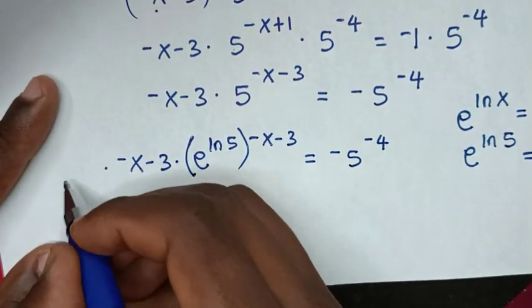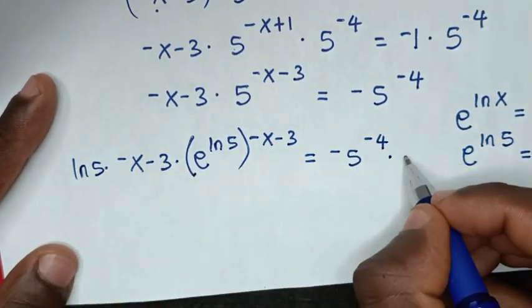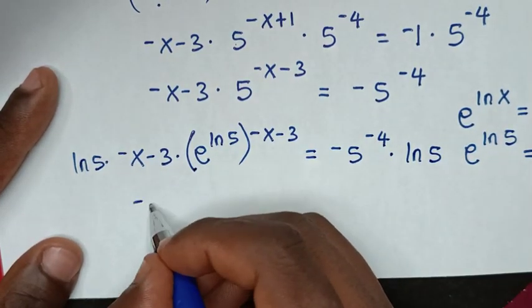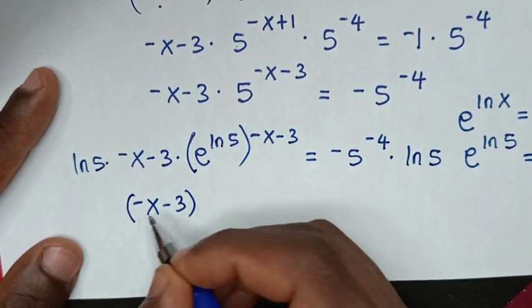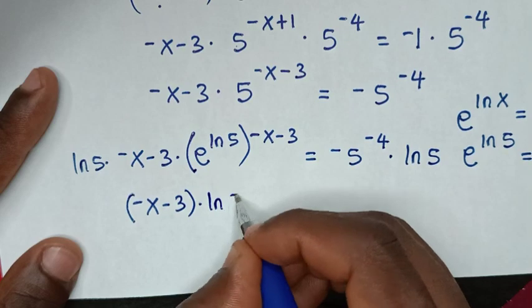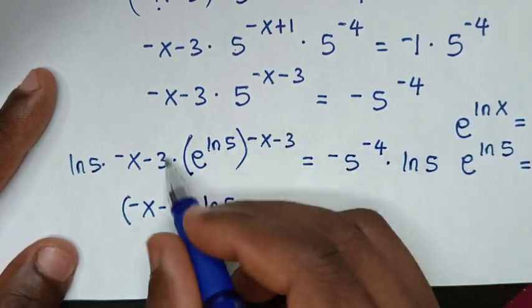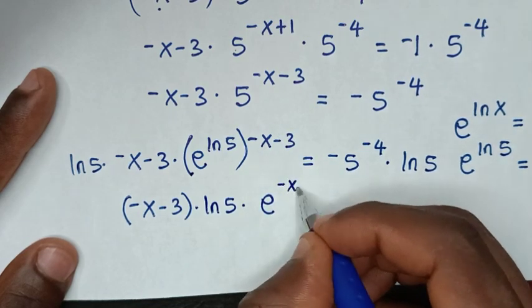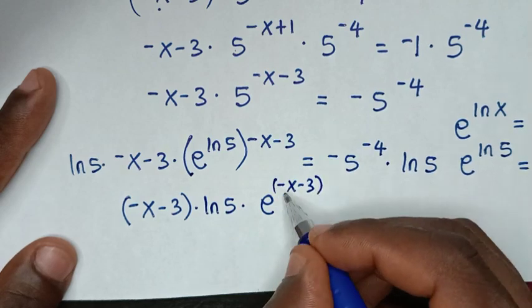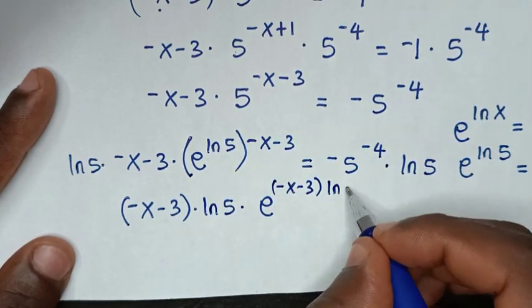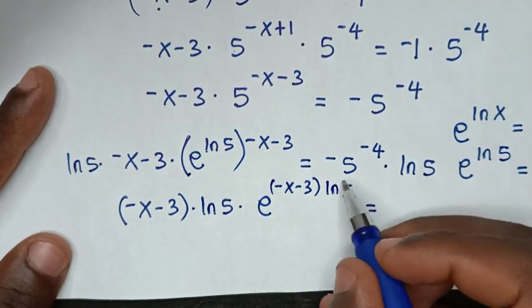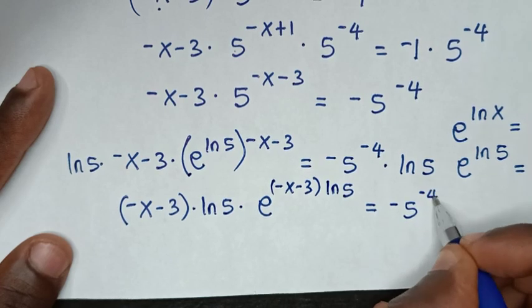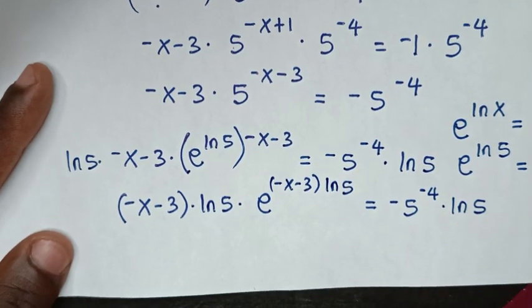So we multiply by ln 5 here and multiply by ln 5 here. So it will be (−x − 3) ln 5 times e^((−x − 3) ln 5) is equal to −5^(−4) times ln 5.